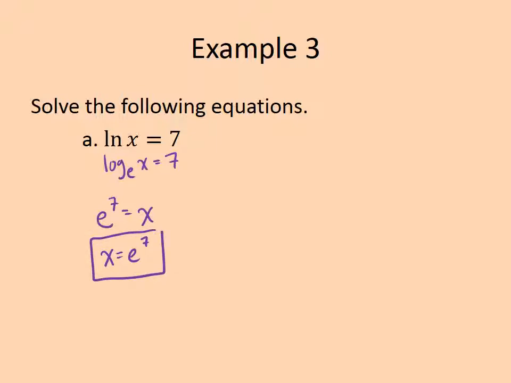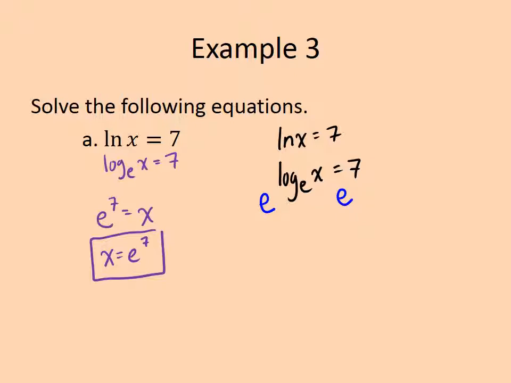The other method is by exponentiating both sides. So natural log of x equals 7. We can rewrite it as log base e of x equals 7. Now, if we raise everything to the e power, so e to the log base e of x equals e to the 7th.